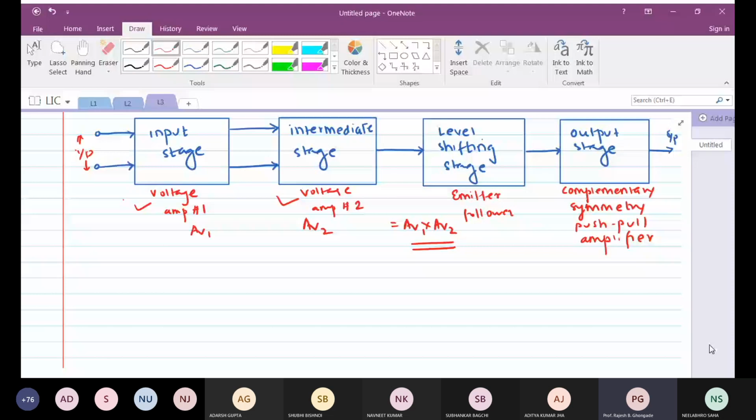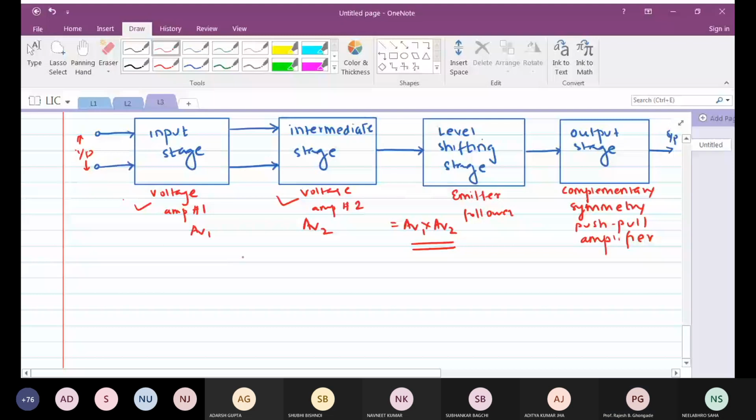Now, the interesting thing is, can I use for this stage or this stage a single stage common emitter voltage amplifier? I can use these two stages, no? One followed by the other.